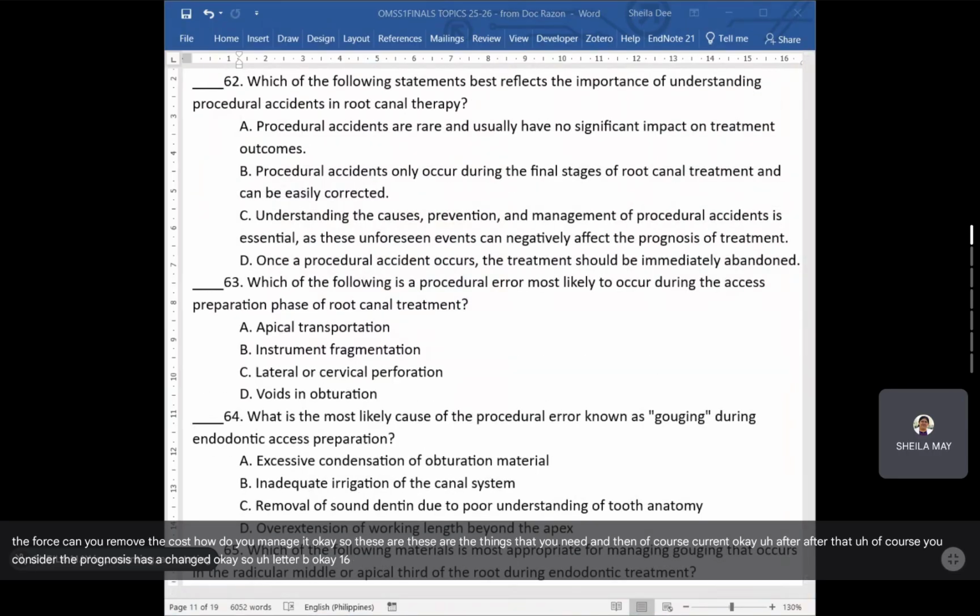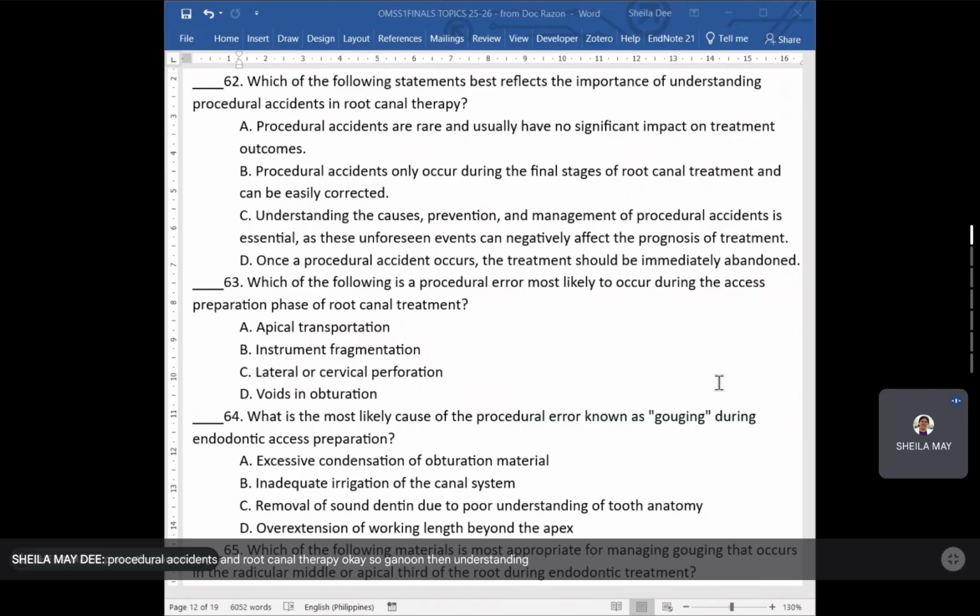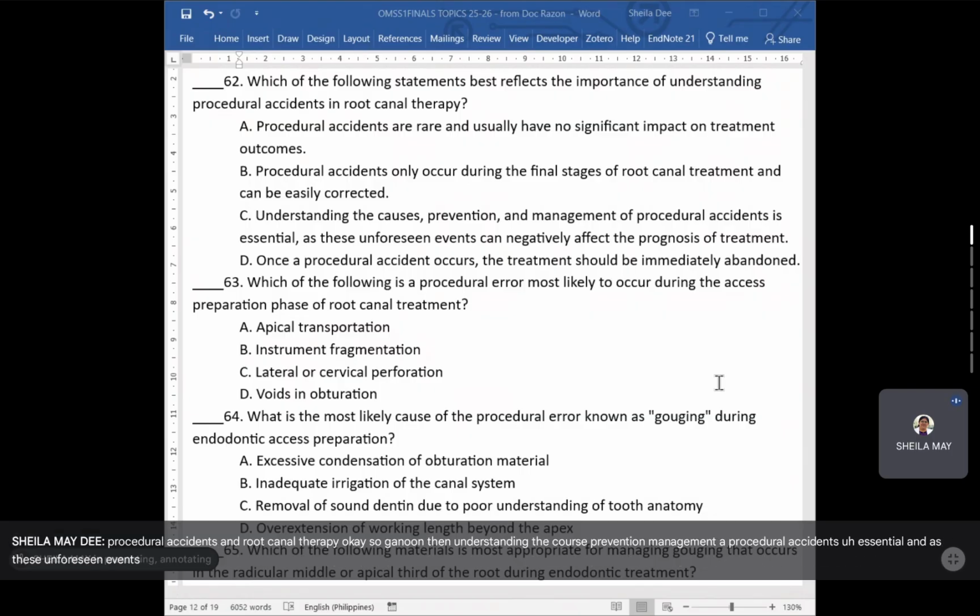62. Which of the following statements best reflects the importance of understanding procedural accidents in root canal therapy? Okay, so ganun din, understanding the cause, prevention, and management of procedural accidents is essential, as these unforeseen events can negatively affect the prognosis of the treatment.